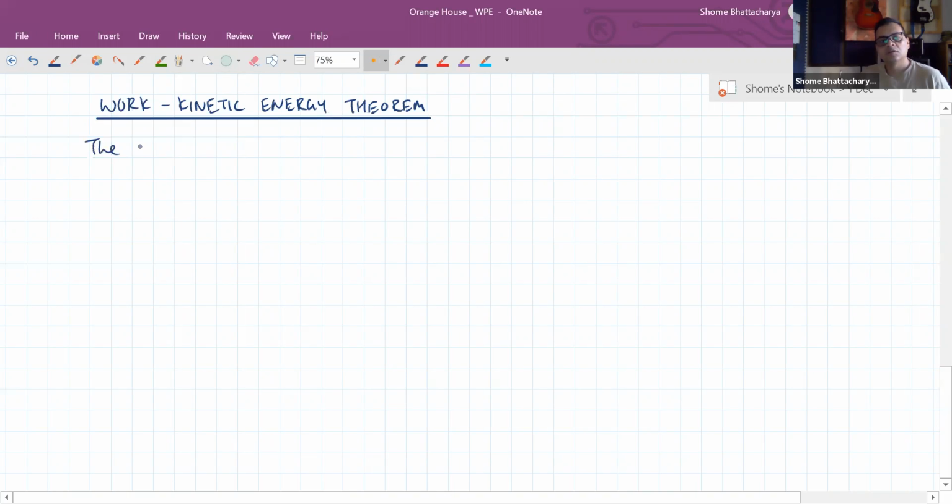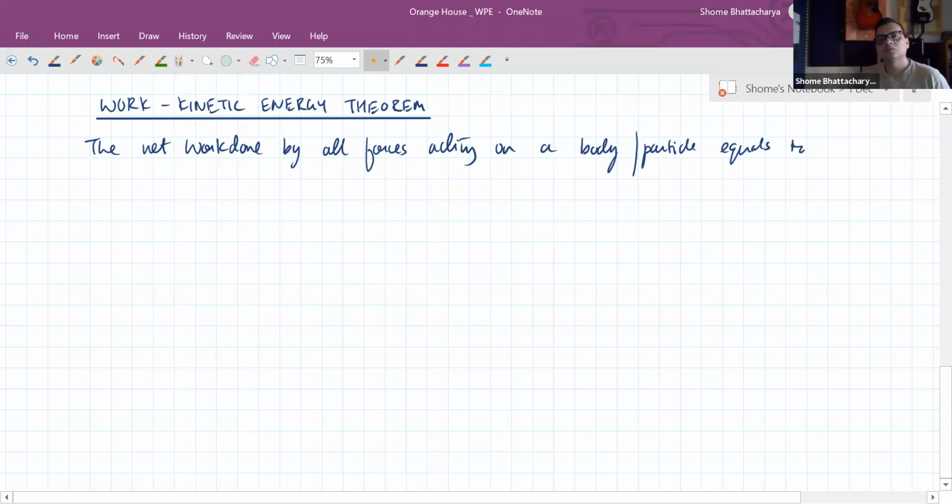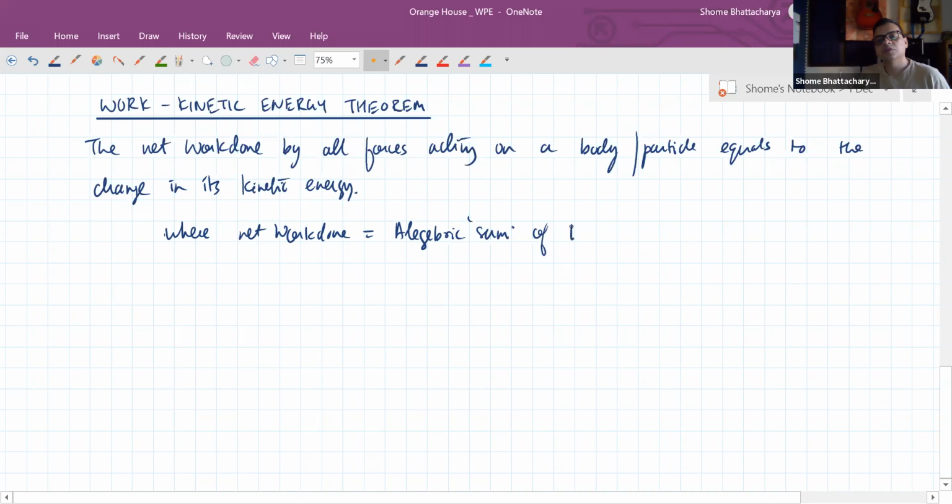It says the net work done by all forces acting on a body or a particle equals the change in its kinetic energy, where net work done is the algebraic sum of work done by all forces.